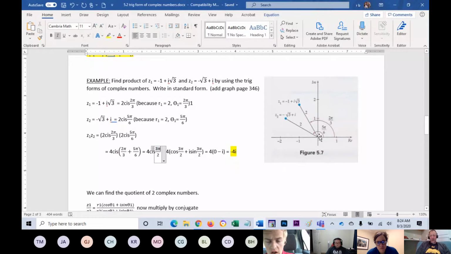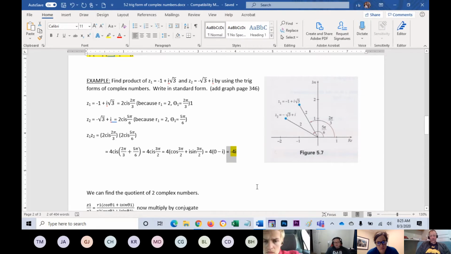So we're adding these two together, now we're at 3 pi halves. Cosine of 3 pi halves is 0. Sine of 3 pi halves is negative 1, excuse me. So this becomes negative i. So I've got 0 minus i, which is just negative i, and this becomes negative 4i.